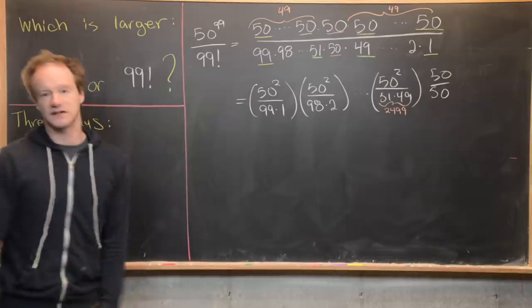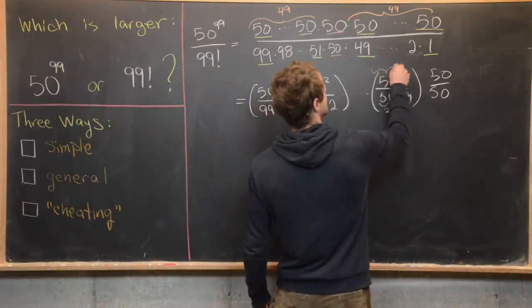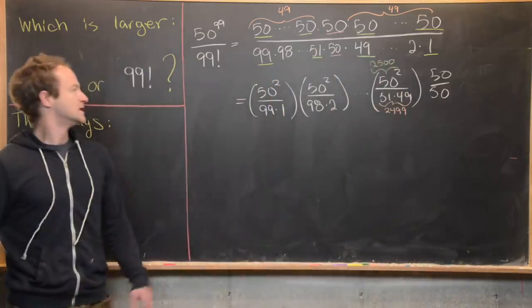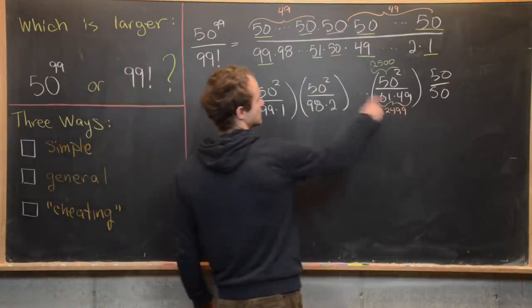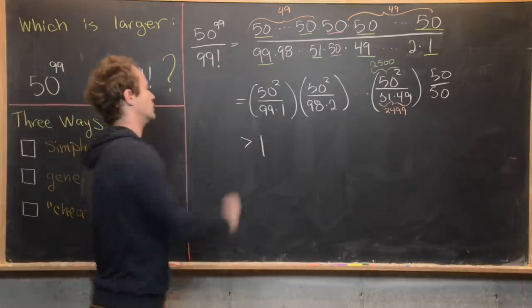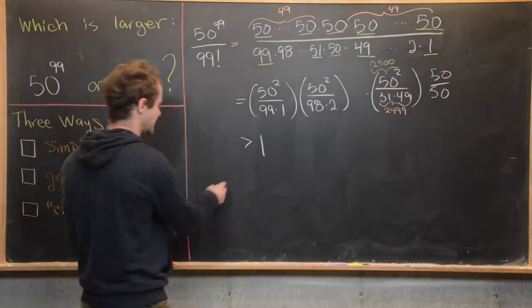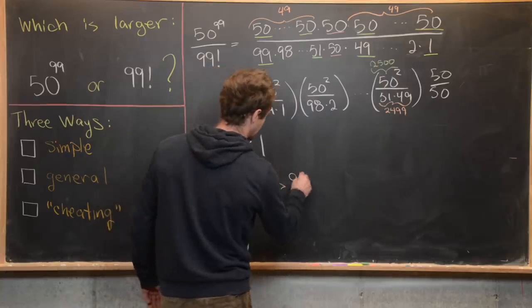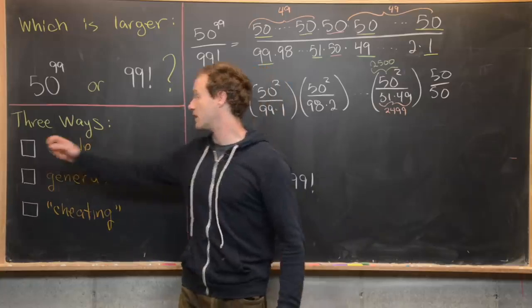That makes the numerator, 2,500, always bigger. So this is bigger than 1 times 1 times 1, a bunch of 1s, times 50 over 50, which equals 1. So 50 to the 99 over 99 factorial is bigger than 1, which tells us that 50 to the 99 is bigger than 99 factorial. And we've done our first method.